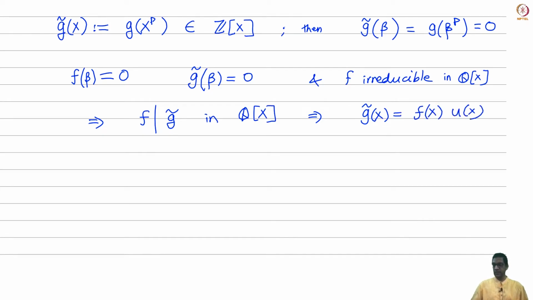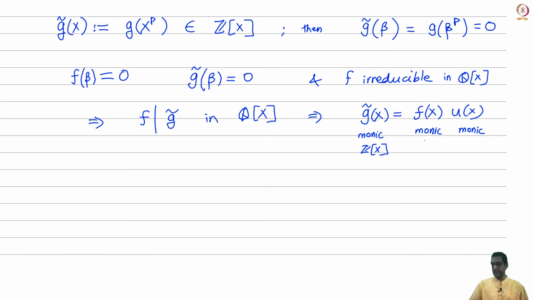But again, I can use that lemma once again. I know that g tilde is a monic polynomial, f is monic, so of course u is automatically monic. Further, I know that g tilde is in Z[x], because g tilde is just the polynomial f2 with x to the power p put in place of x.